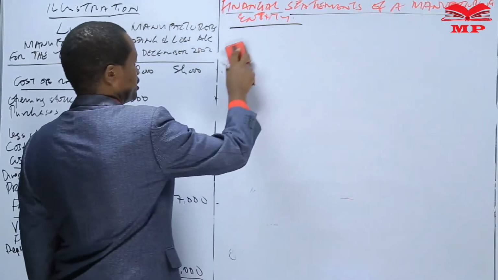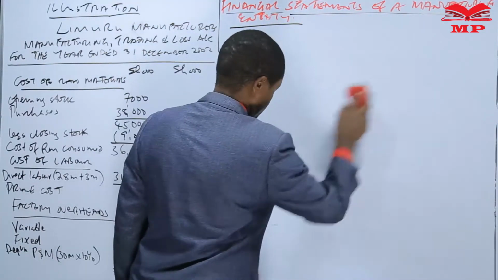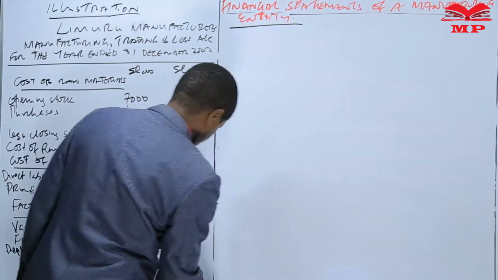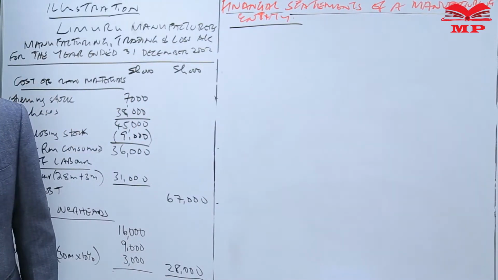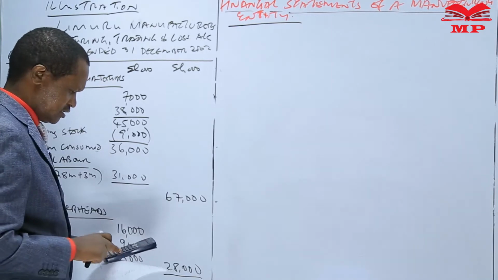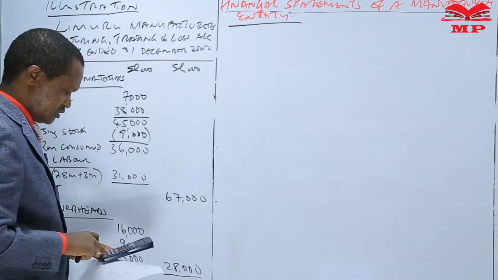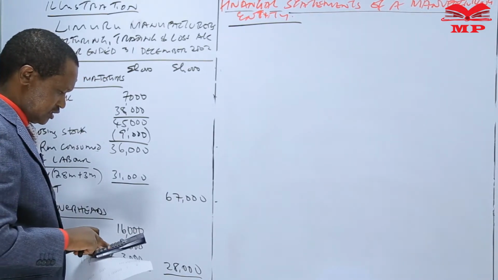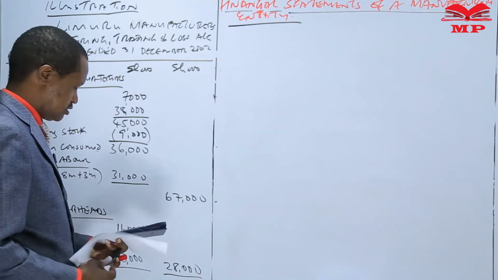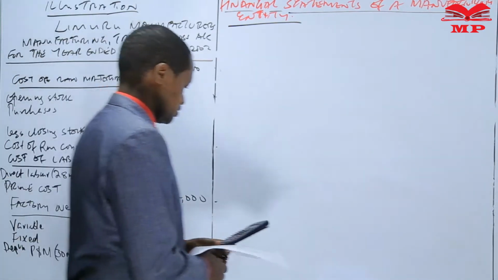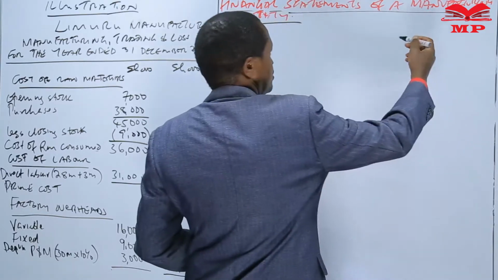So let me use my machine. I'm going to add this 67 plus 28. It's 95 million.